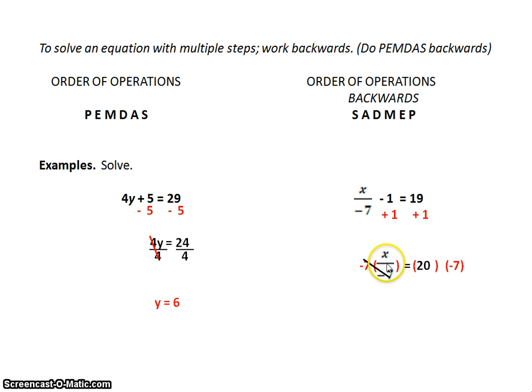Now on the left-hand side, I have successfully isolated the variable, and we simplify the right-hand side. 20 times a negative 7. One of the factors is negative, and only one, so that means our product is going to be negative. So 7 times 20 is going to come out to be a negative 140. X equals negative 140.